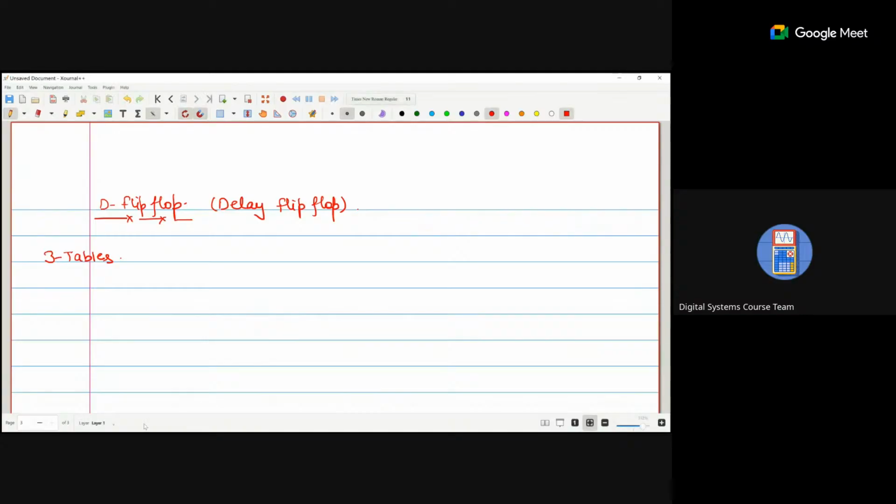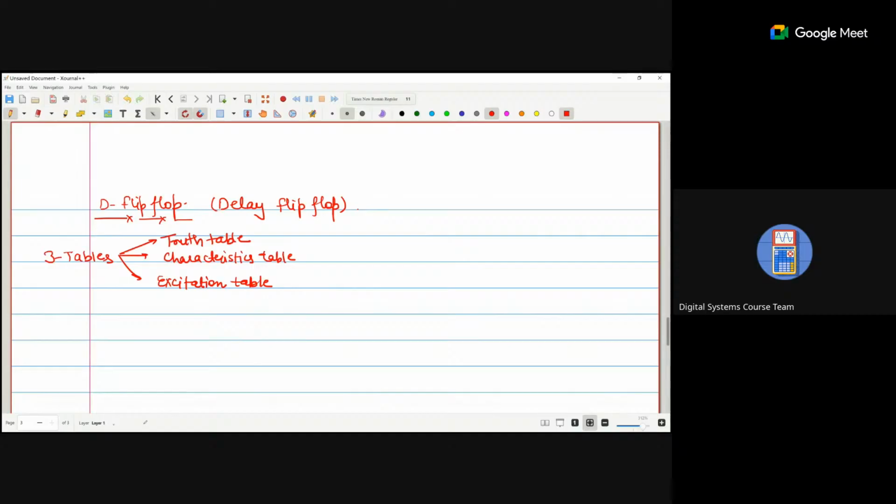Just remember these three tables. One is the truth table. Second one is the characteristics table, and third one is the excitation table.